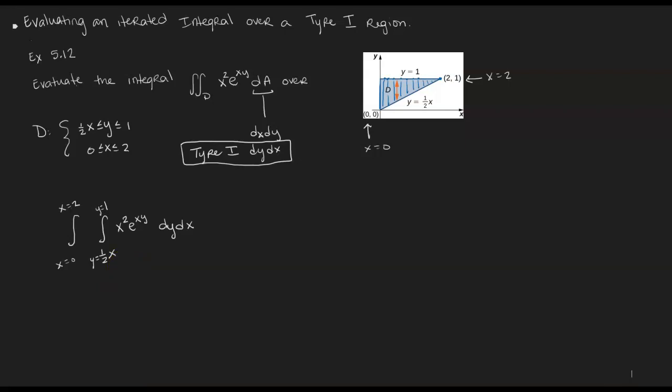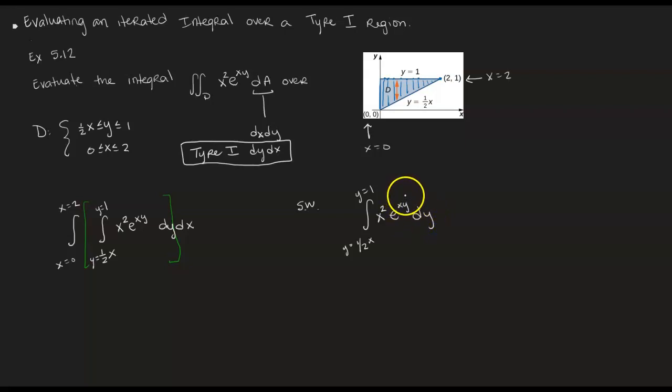Now integrating here, we are going to start with that innermost integral with respect to y. So we'll start integrating here. We'll do some scratch work over on the side, integrating from 1/2 x, our y value, up to y equals 1 of x squared e to the xy dy.